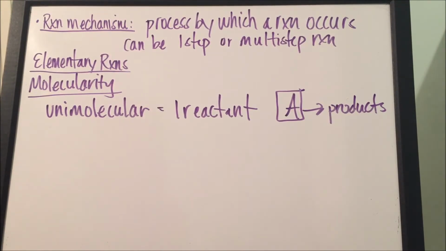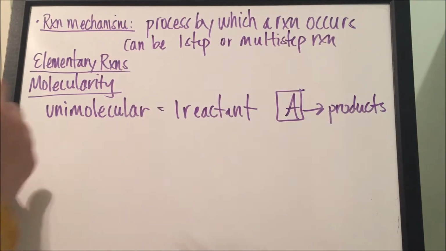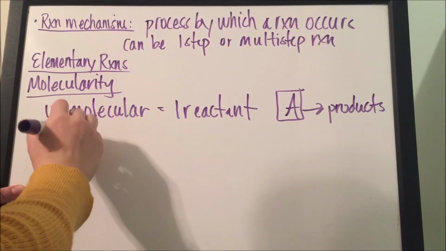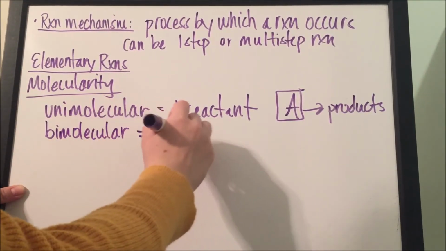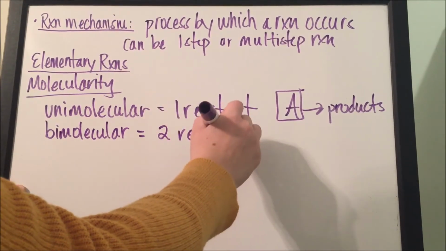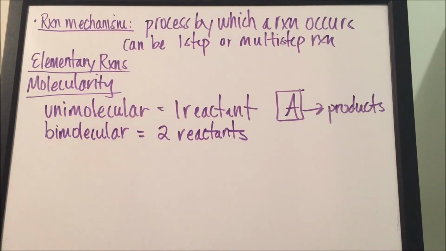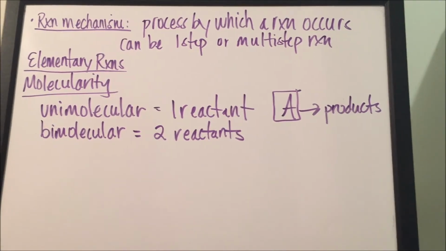Then we can have something that's 2 reactants, which you might guess is called a bimolecular reaction. And technically we could have 2 different kinds of bimolecular reactions.